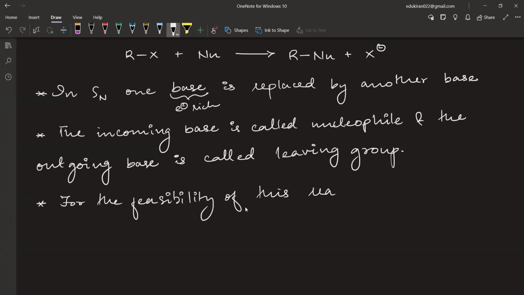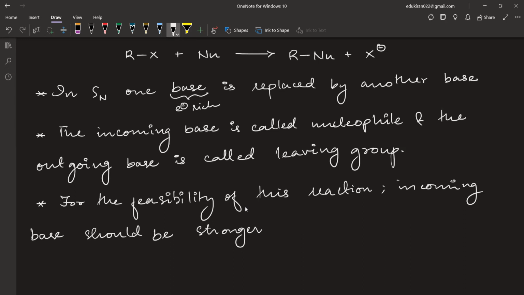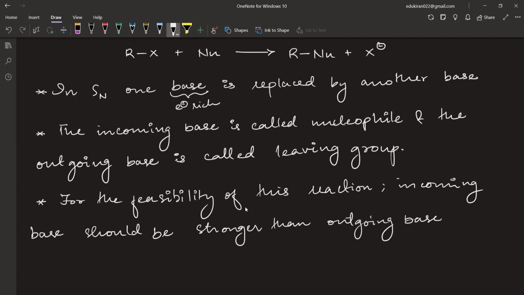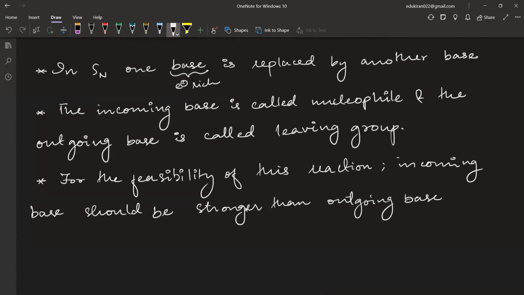For the feasibility of this reaction, the incoming base should be stronger than the outgoing base, that is the nucleophile, or we should say that the outgoing base should be weaker.